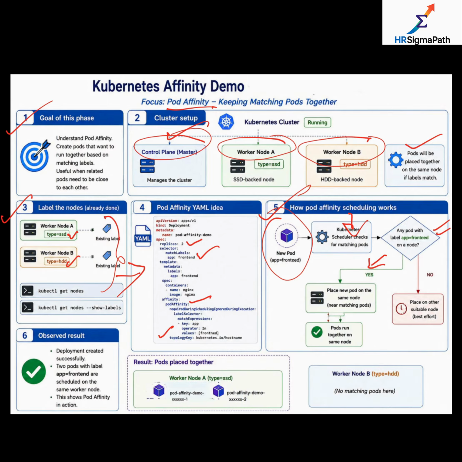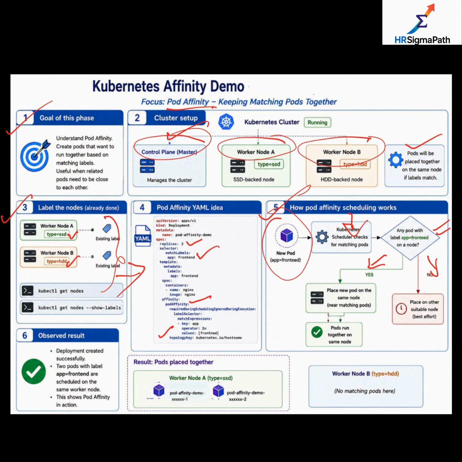So both matching pods stay together. If it says no, then depending on the rule and configuration, the pod may remain pending or Kubernetes may choose the best available placement. But in this demo, the focus is on showing that matching pods are scheduled together.